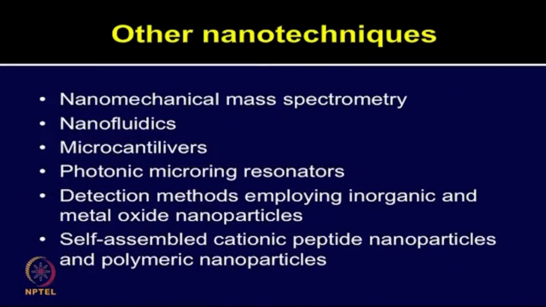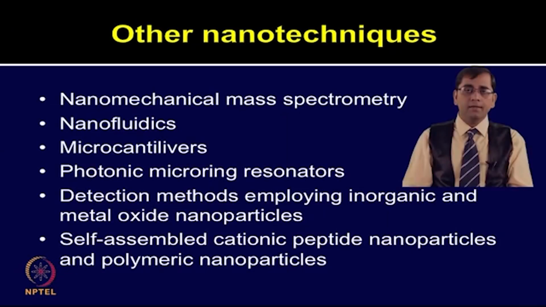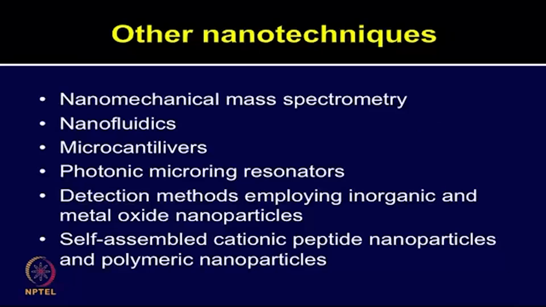Some of these nanotechniques involve nanomechanical mass spectrometry, nanofluidics, microcantilevers and photonic micro-ring resonators. Various types of detection methods also employ inorganic and metal oxide nanoparticles, self-assembled cationic peptide nanoparticles and polymeric nanoparticles.